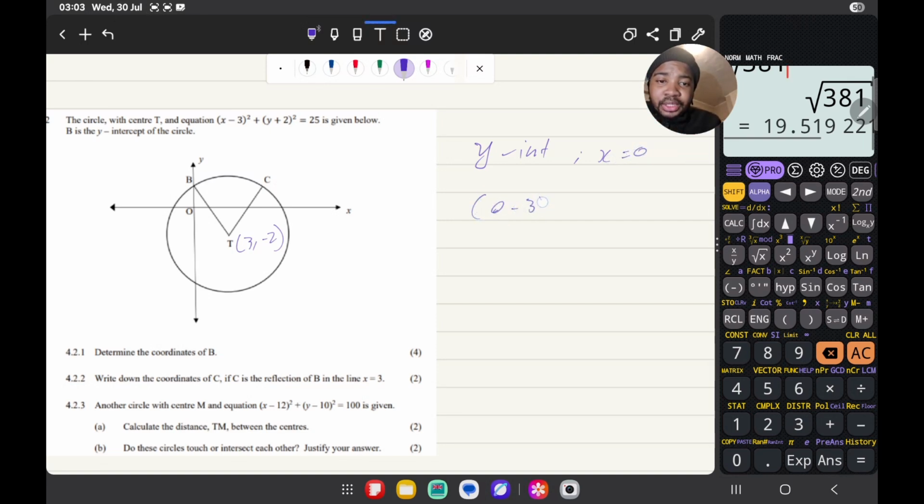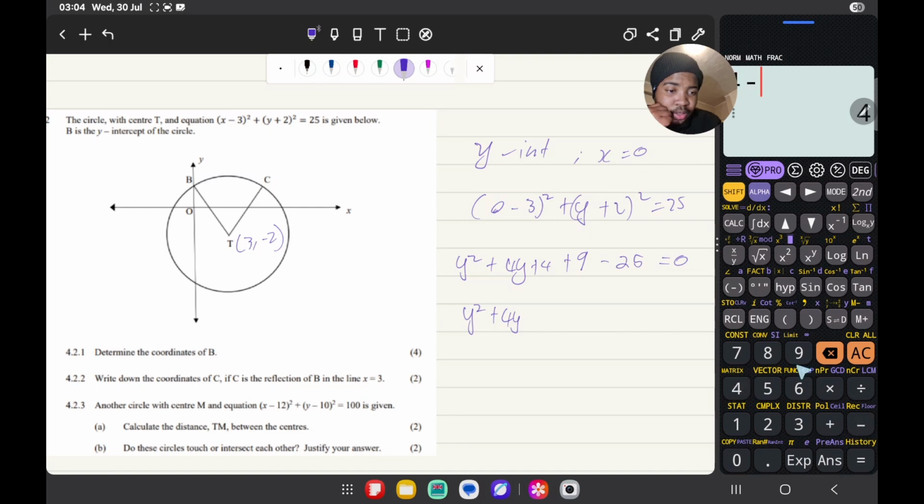So you take your equation: 0 minus 3 squared, y plus 2 squared equals 25. And then you're going to have y squared plus 4y, then plus 4, and then plus 9 minus 25 equals 0. You have y squared plus 4y, then you have 4 plus 9 minus 25, you have minus 12, right?